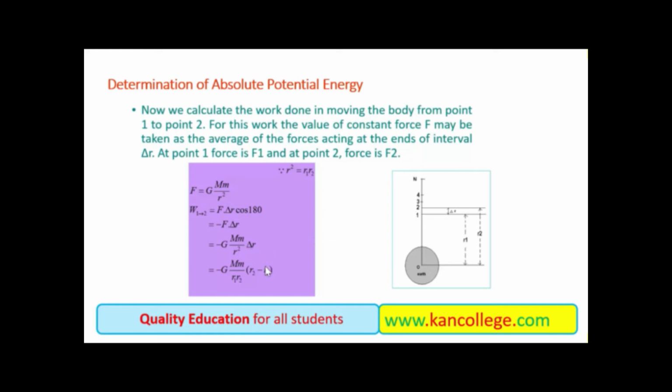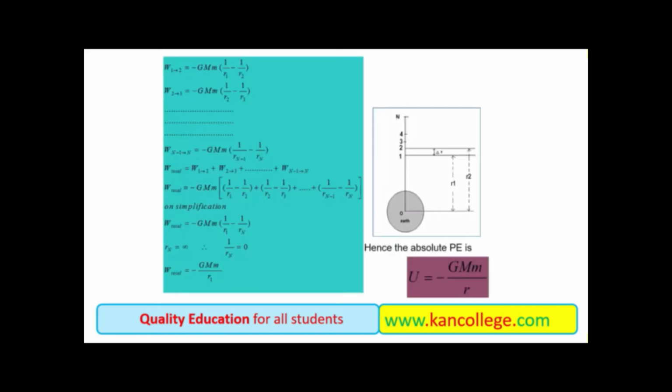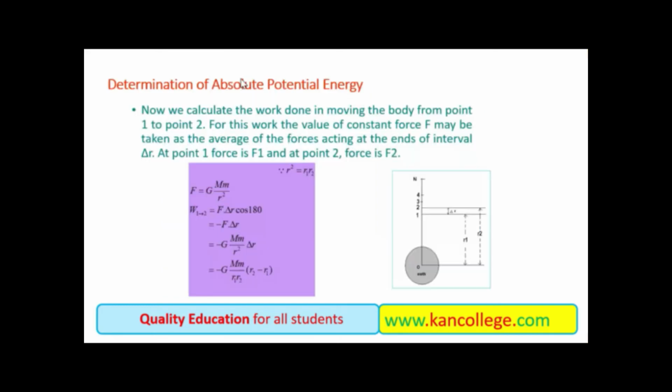As we know that delta R is equal to R2 minus R1. So the work done between first to second point is equal to G M m, and this bracket comes from the simplification of these two terms.